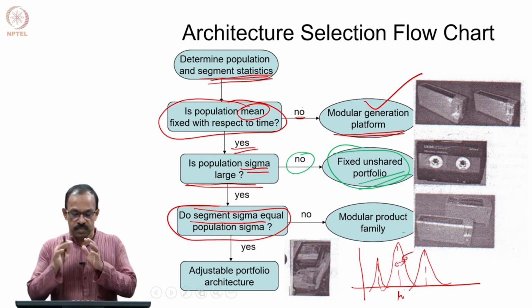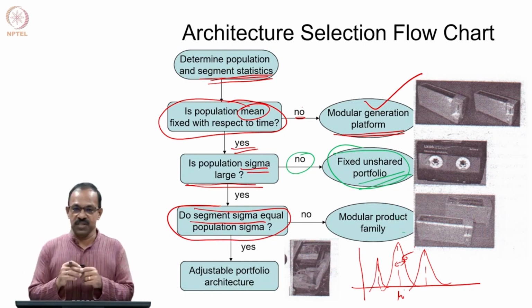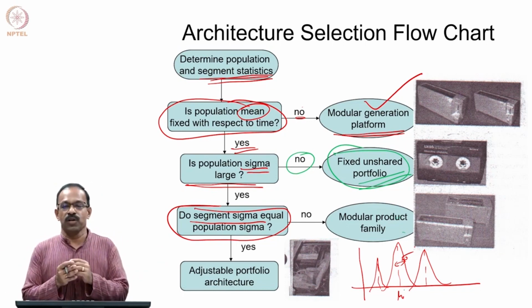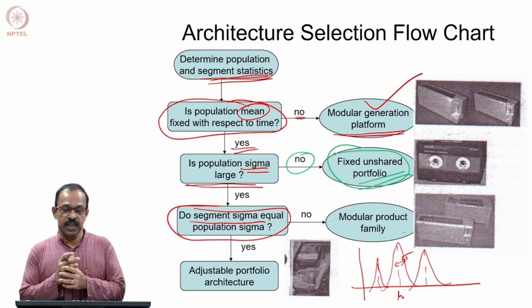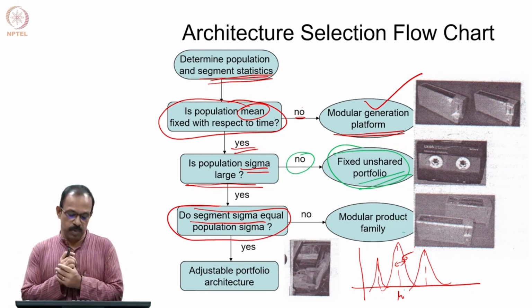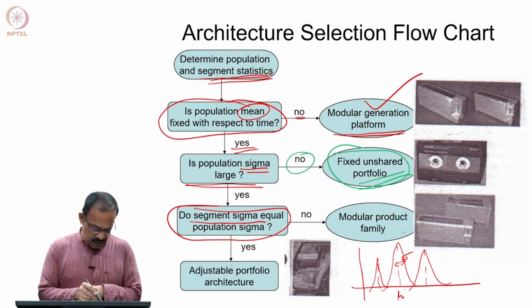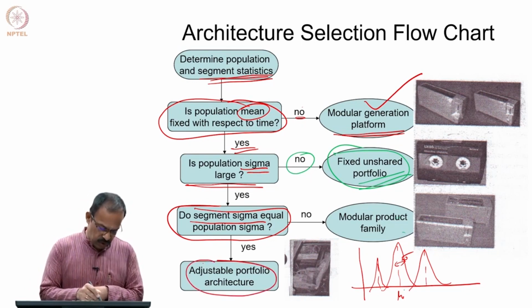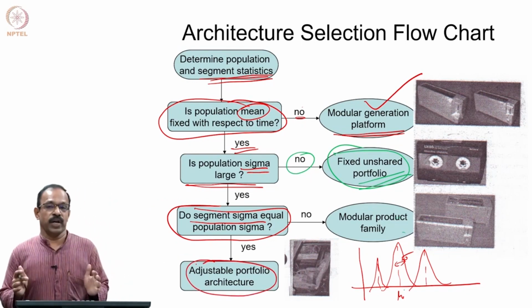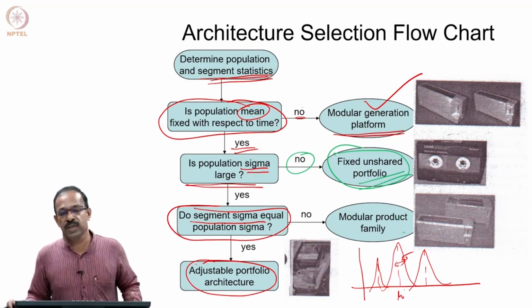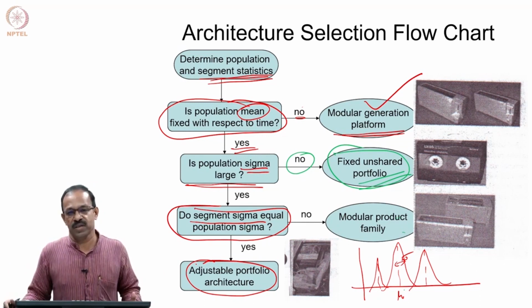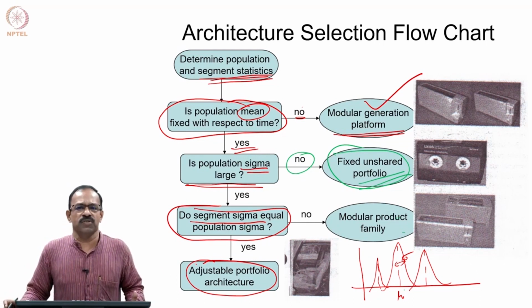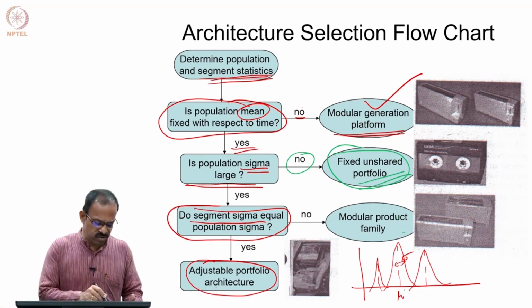If you take 1000 people, there is a large variation, and if you take 100 people also, they are not happy with the similar thing, they also have large variation. That means there is too much variation within the whole population. So if there is a large variation, then we go for an adjustable portfolio architecture, because one product or a few products will not satisfy the people, since each segment again has large variation. So you need to go for an adjustable architecture.